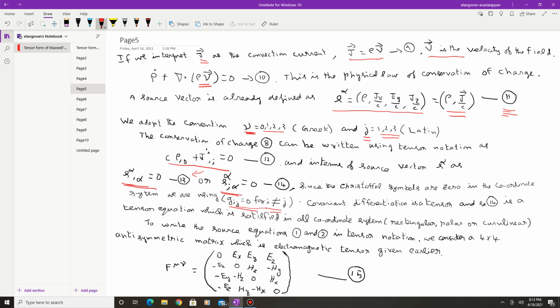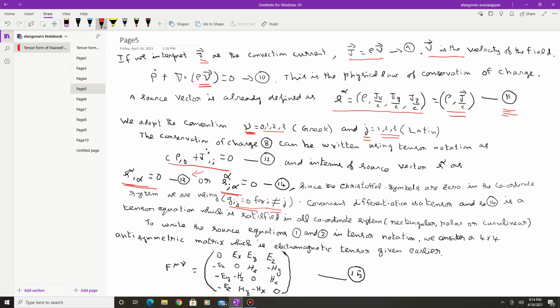Therefore this S^alpha comma alpha can be expressed in terms of S^alpha semicolon alpha. S^alpha comma alpha is not a tensor equation, because this is a normal derivative, whereas S^alpha semicolon alpha is a tensor equation, because it is the covariant derivative. The covariant derivative of a tensor is a tensor; a normal derivative is not a tensor. So now you are writing this as a tensor equation.